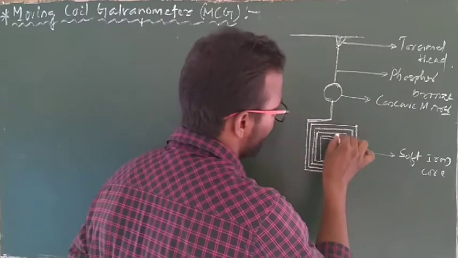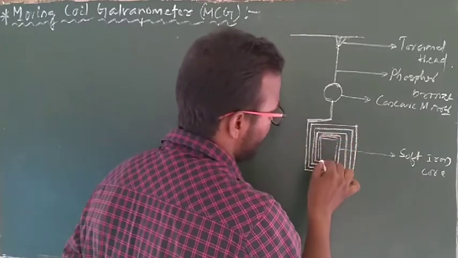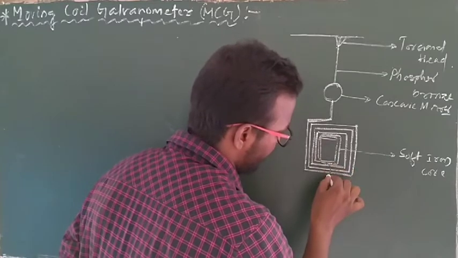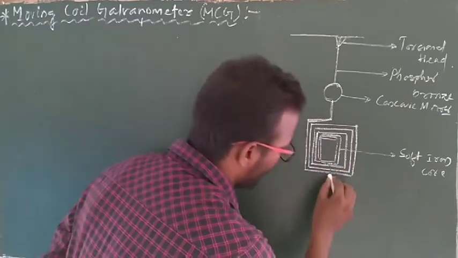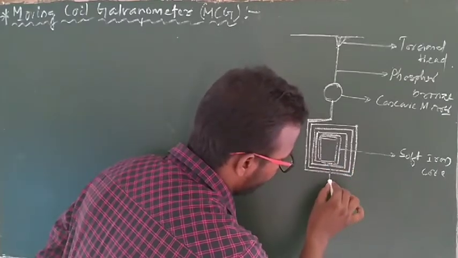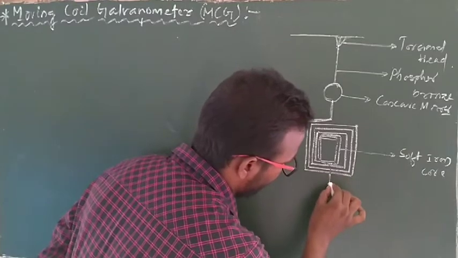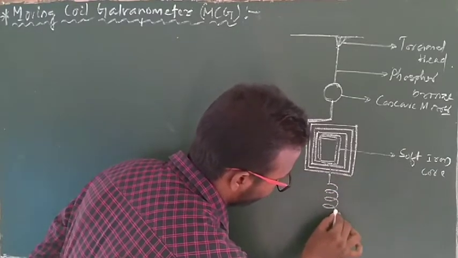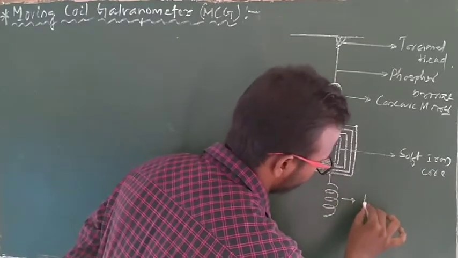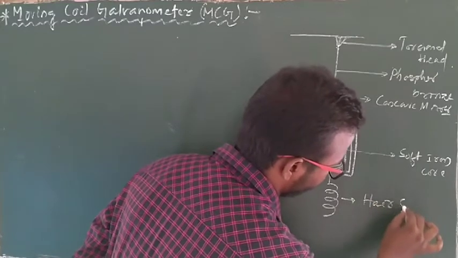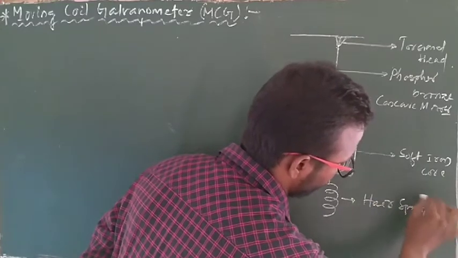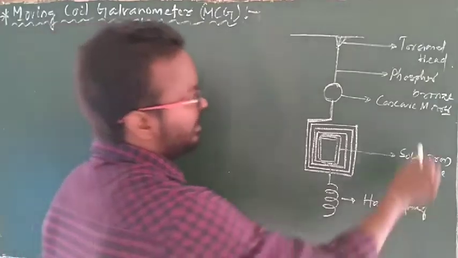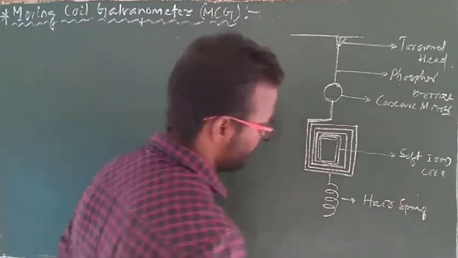Clear? These coils are wound very tightly, and this coil is connected across a hair spring which is made up of phosphor bronze strip.